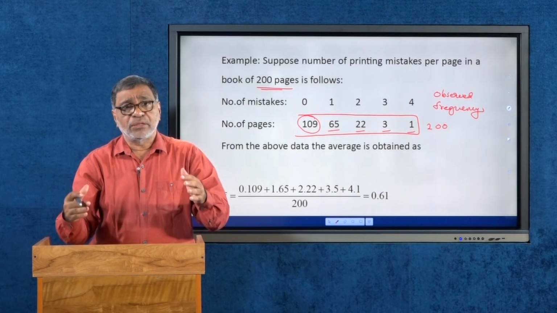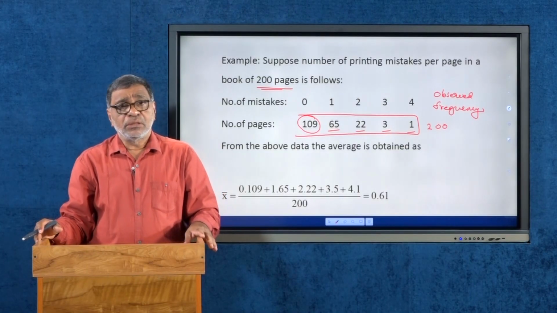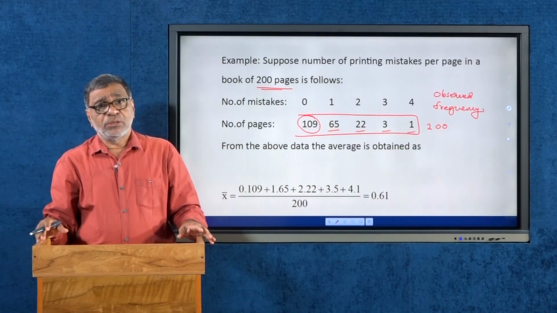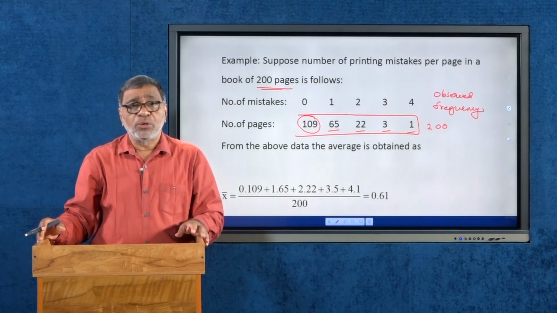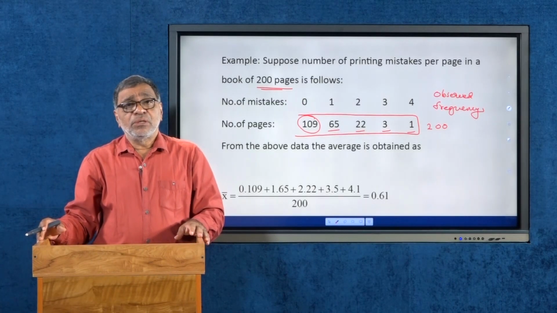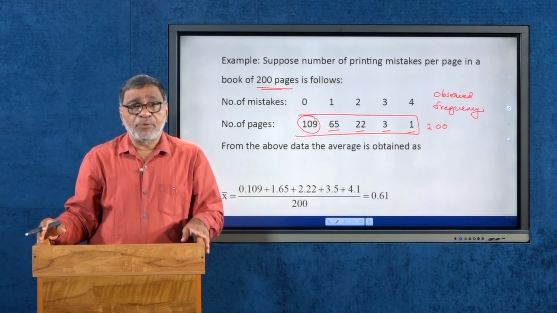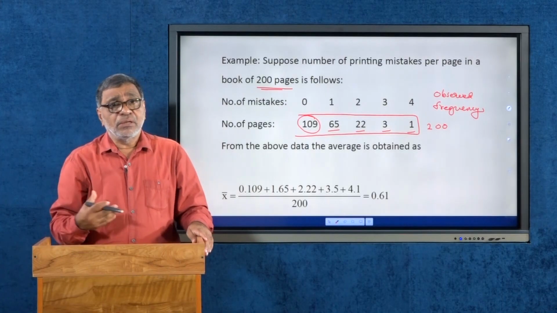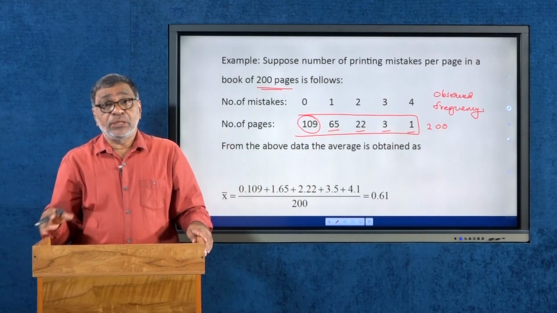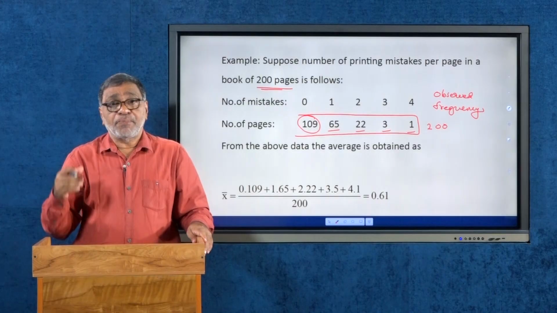So the number of trials is very large, and the probability of getting a page with a mistake is very small. So we can apply the Poisson distribution model here.